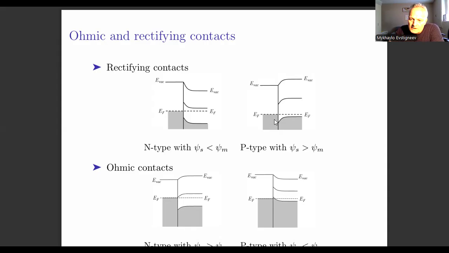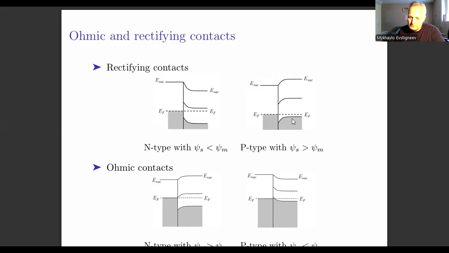Now what happens if I am applying the negative voltage to the metal? This is what happens. I am pushing the electrons on the metal side toward the semiconductor. Simultaneously, I am attracting the holes on the semiconductor side, because I am applying negative bias, right?